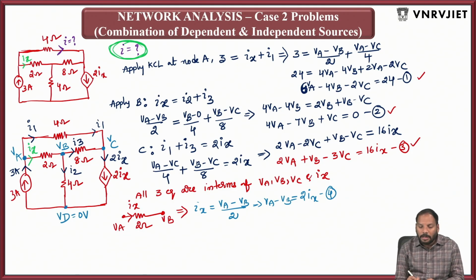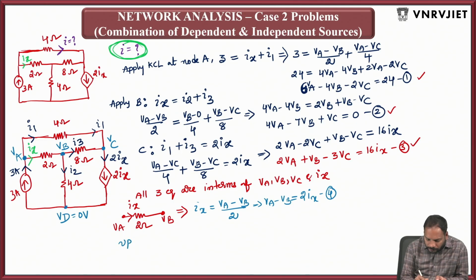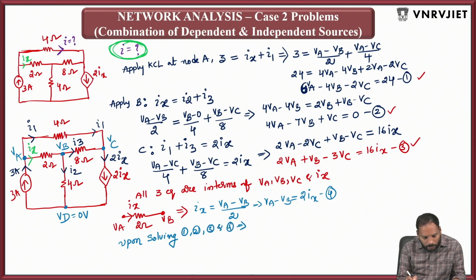Now tell me, how many unknowns are there? 4 unknowns, VA, VB, VC and Ix. How many equations are there? 4 equations. So upon solving 1, 2, 3 and 4, we will get the values of VA, VB, VC.